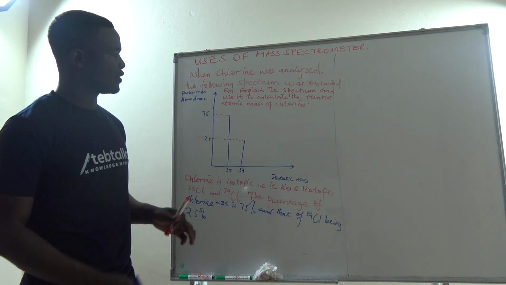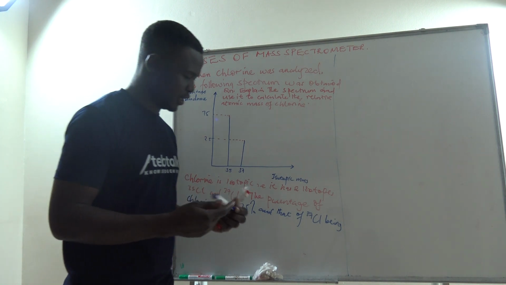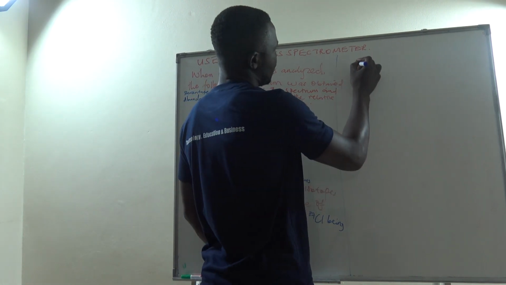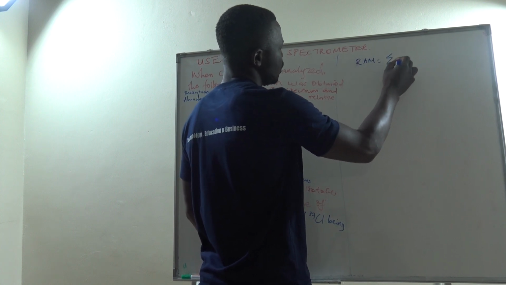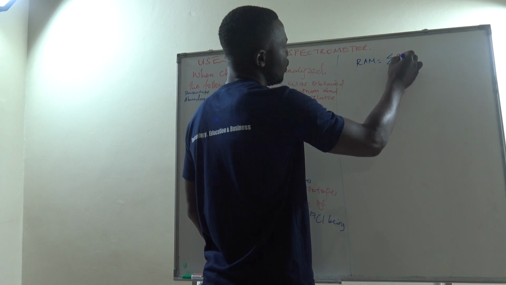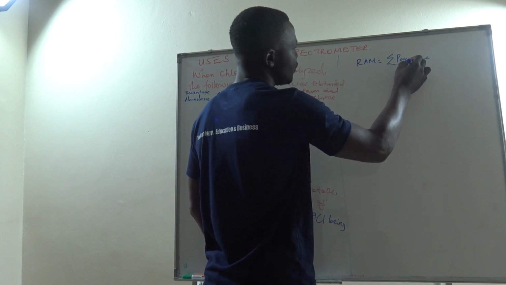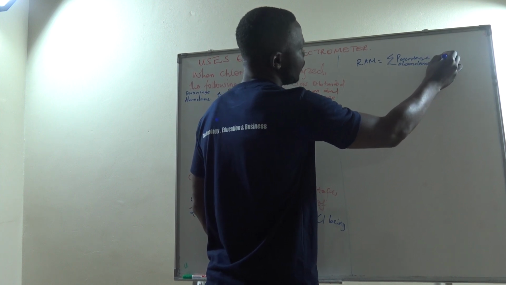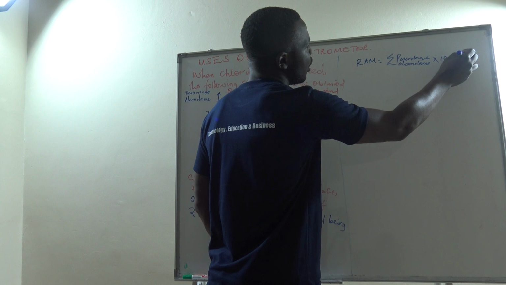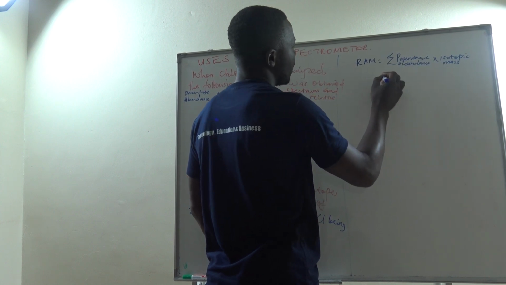Now the next thing they said, we use it to calculate the relative atomic mass of chlorine. Now, we know that relative atomic mass is the summation of percentage abundance times isotopic mass.